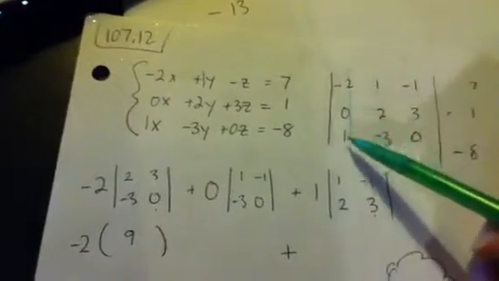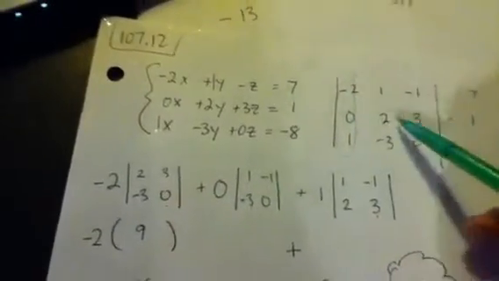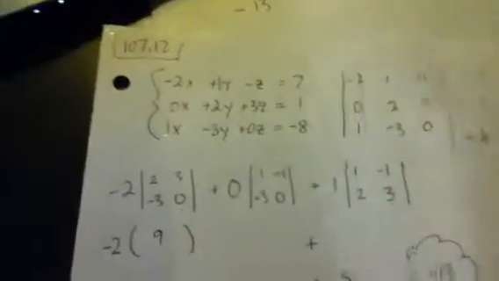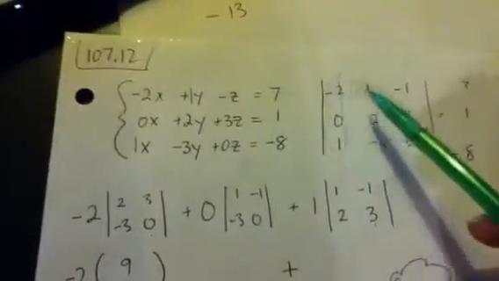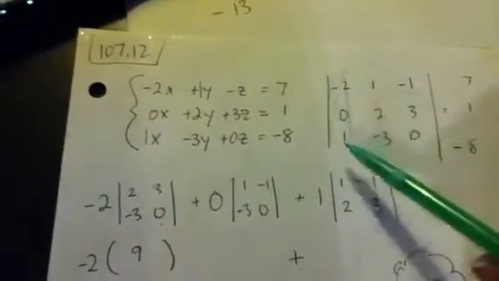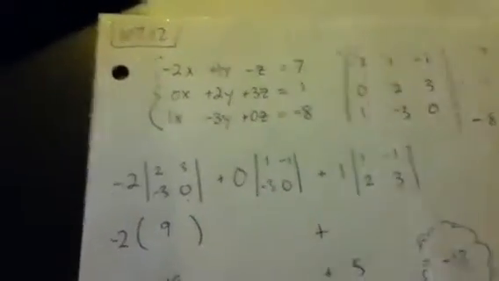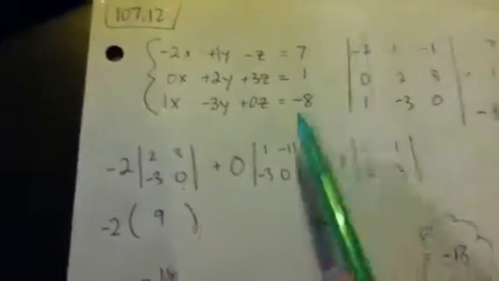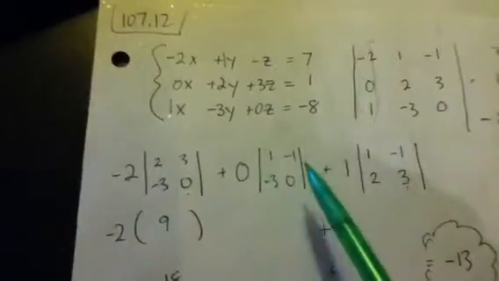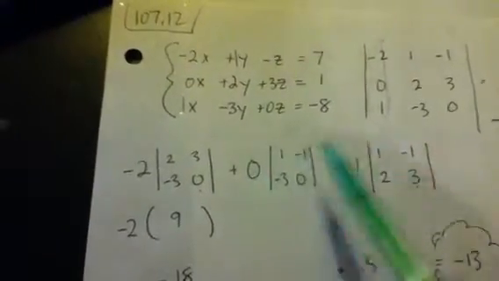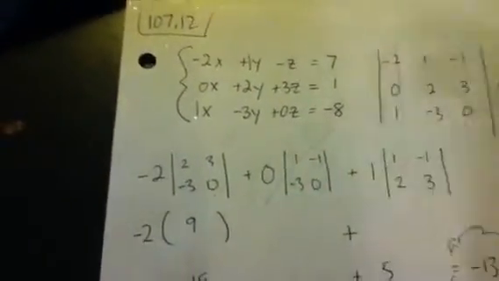If either one of these coefficients would have been a minus on the checkerboard, then I would have changed their sign. But they weren't. So I'm not going to have to change their sign. I don't even have to calculate this matrix because it's going to get multiplied by 0, so that's gone.